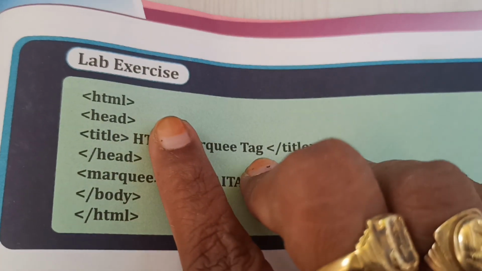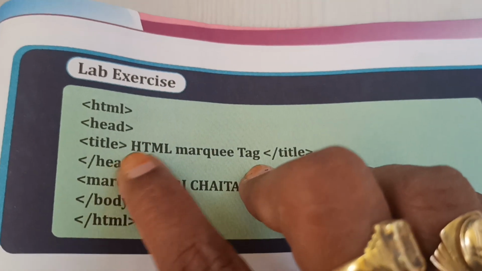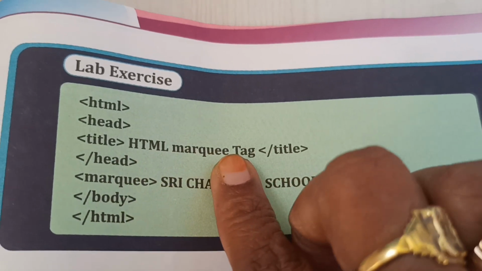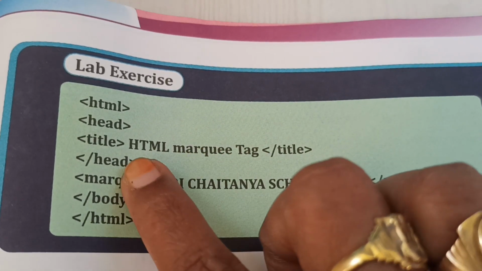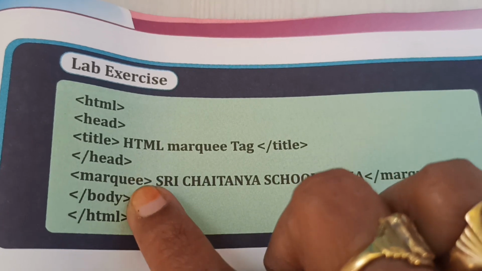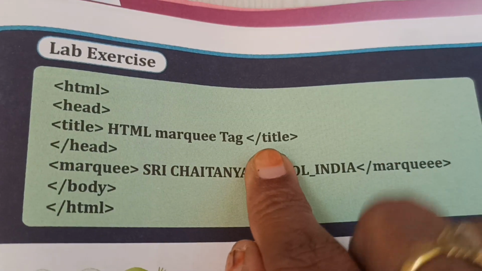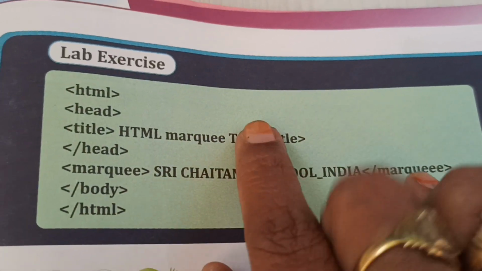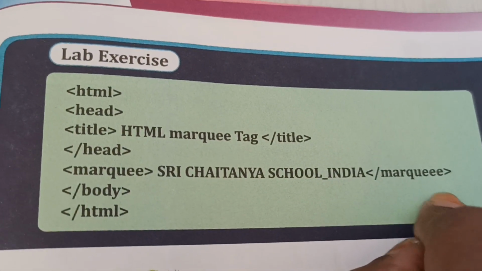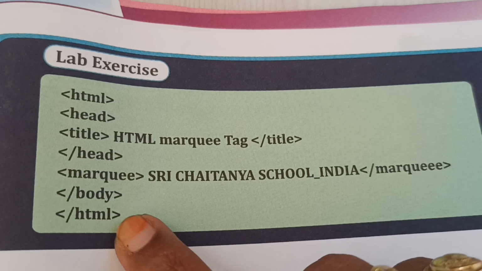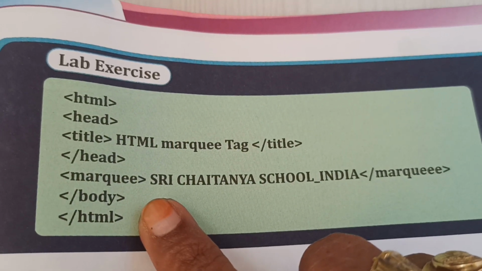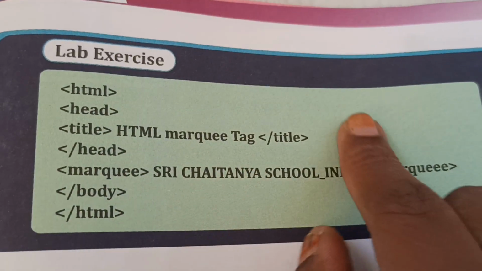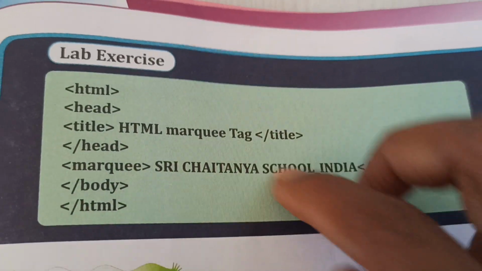HTML, head, title: marquee tag. What is the title? Marquee tag. Close head, then marquee with any school name, close the marquee tag, close body, close HTML. Understanding this topic? I will explain it practically.